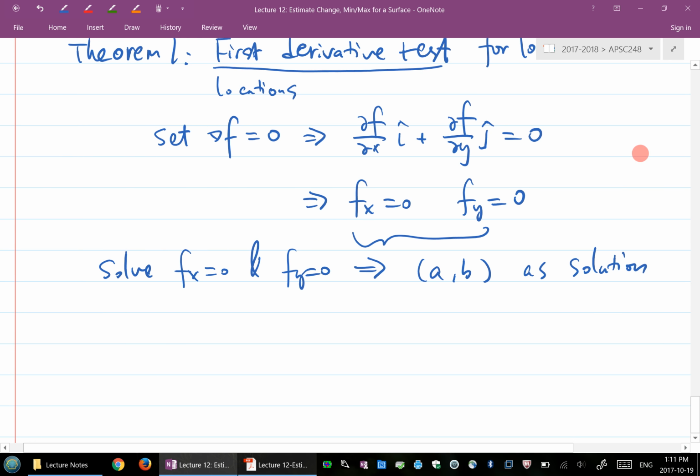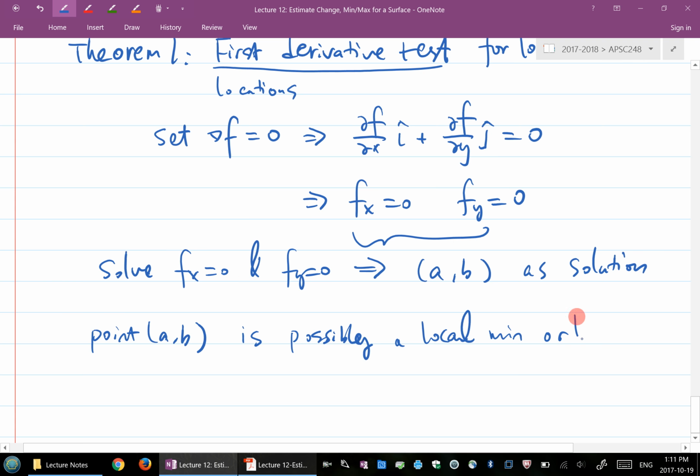Basically what we say here is this point (a, b) is possibly a local min or local max.